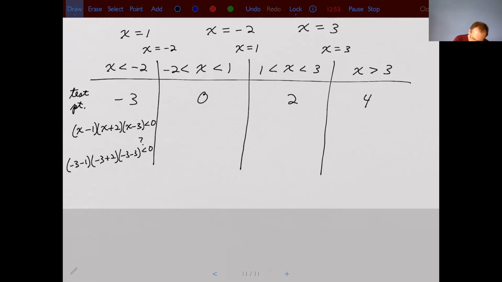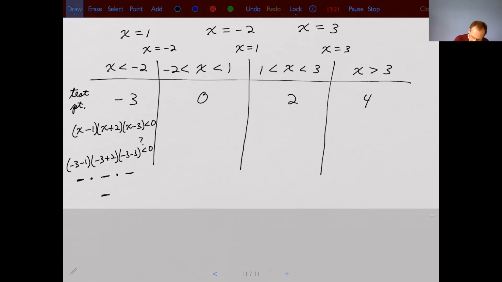So this first term is going to be negative. Turns out it's negative 4, but in general, we know it's going to be negative. The second term, negative 3 plus 2, is also going to be negative. It's negative 1 in this case. In the third term, I have negative 3 minus 3, which is negative 6, so that's also negative. If I multiply a negative times a negative, it's positive, times a negative, I'm going to get a negative.